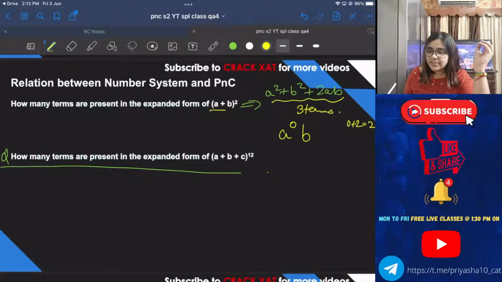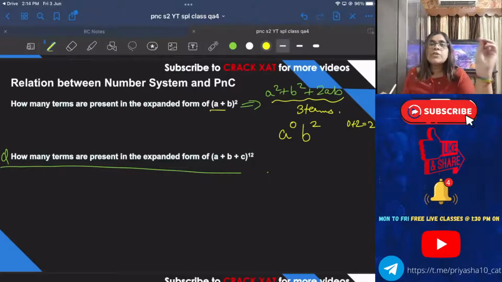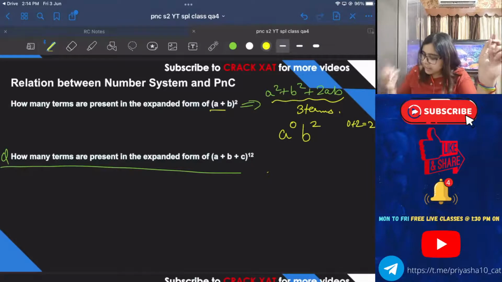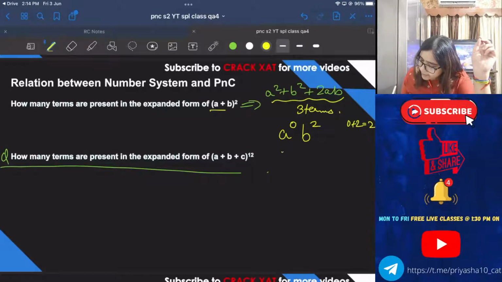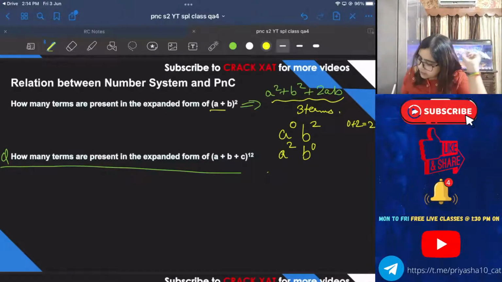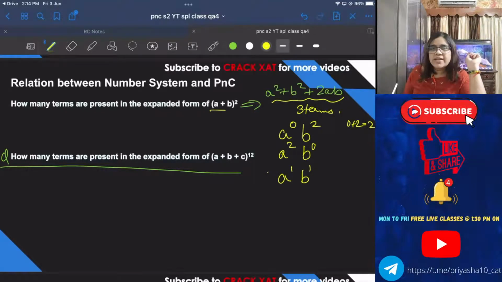Yeah, my comments are visible. Your comments are visible, Setu. Yes. So A to the power 0, B to the power 2 is one way in which I wrote it in the expanded form. Second way, A to the power 2, B to the power 0. A to the power 1 and B to the power 1 भी चलेगा? चलेगा ना? Because 1 plus 1 is 2.